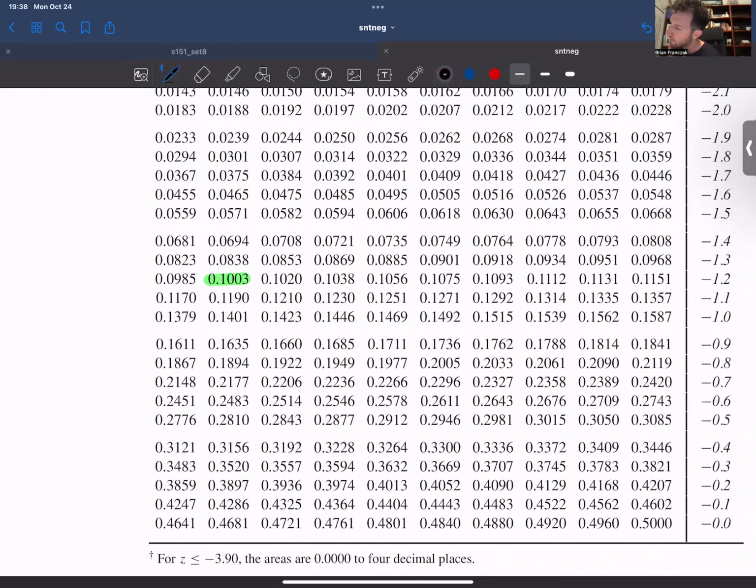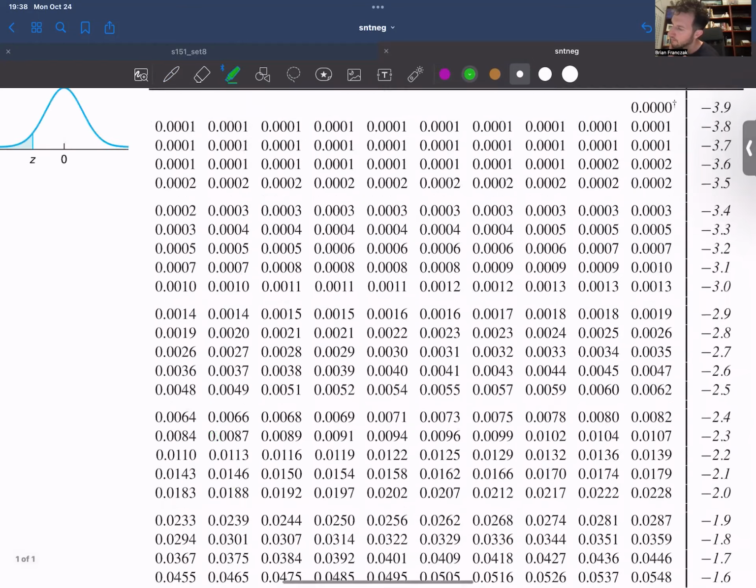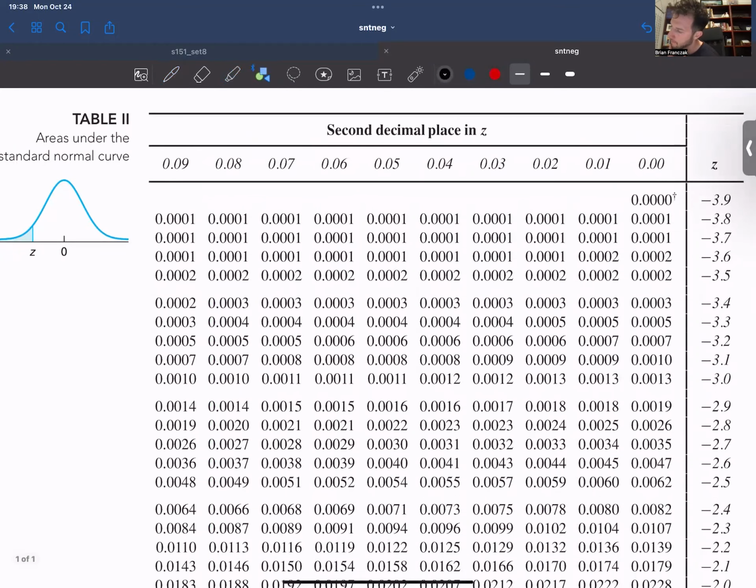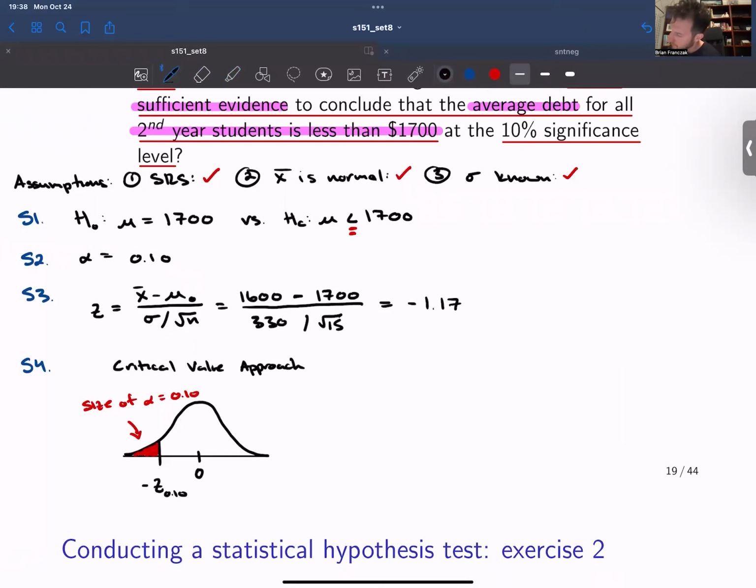Now I come out to my axes and I have negative 1.208. Sorry, this value here is negative 1.28, not 1.208, negative 1.28.